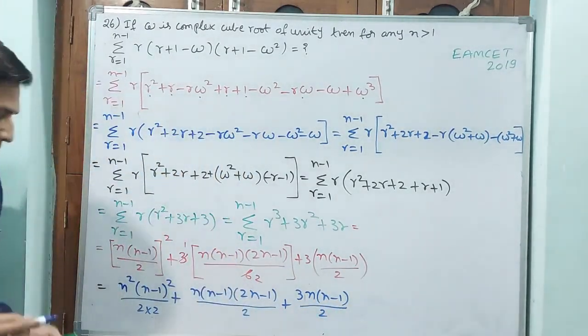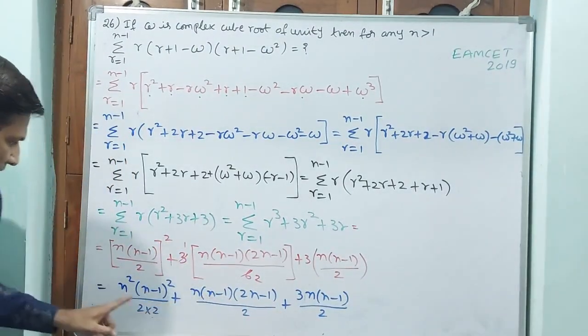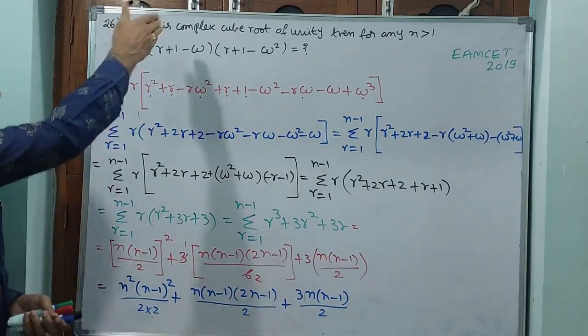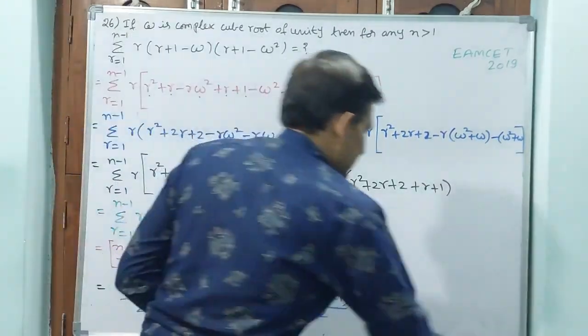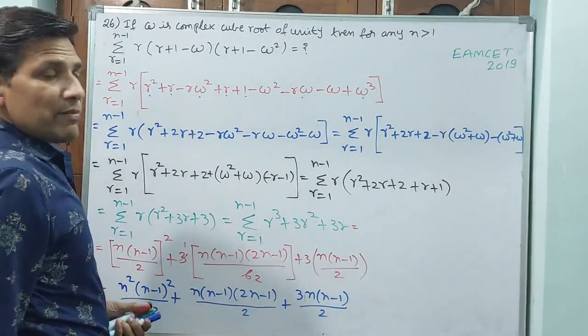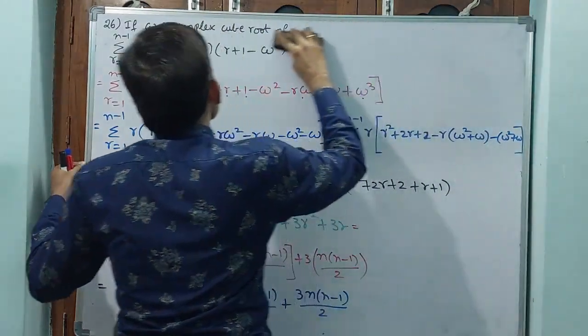Now you see n into n minus 1 by 2, n into n minus 1 by 2, n into n minus 1 by 2, we can take common. I am removing this question. Let me see whether we are able to. Actually, n into n minus 1 by 4 we have to take common as per the answer. Let me see what will happen.